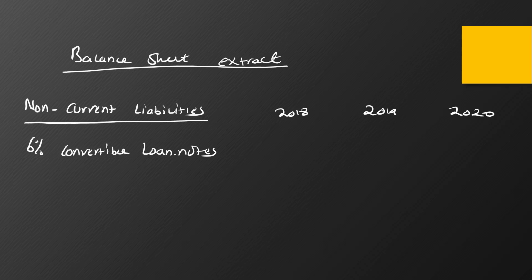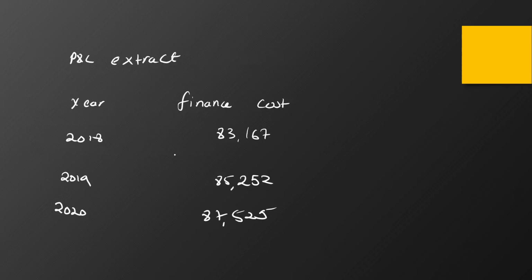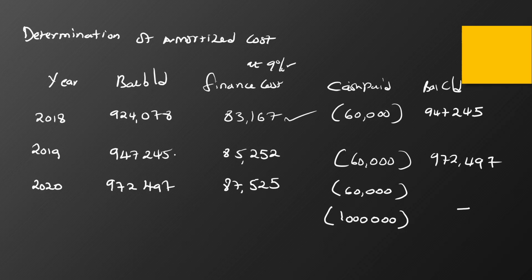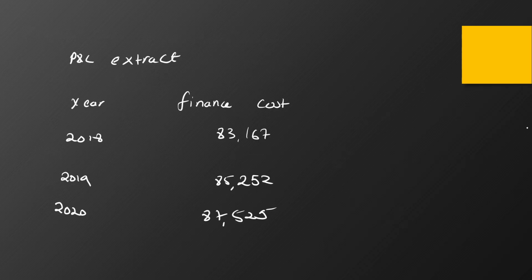For the non-current liability, we only have one, which is the first year, 947,245, which is payable in 2020.